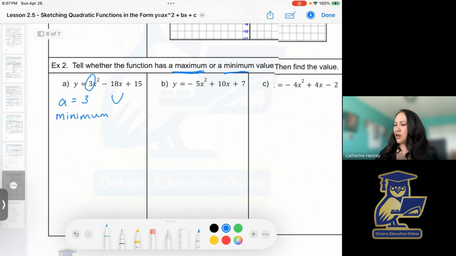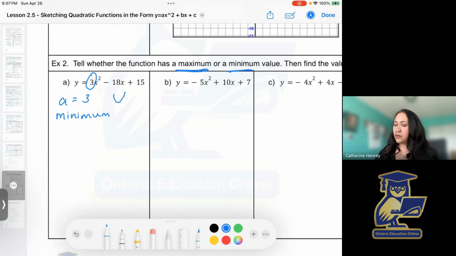In order to solve for the value of the minimum, that means we're looking for the y value of the vertex. So we need to start by finding the x value, which is going to be -18. That's the b, divided by 2 times a, which is 3.